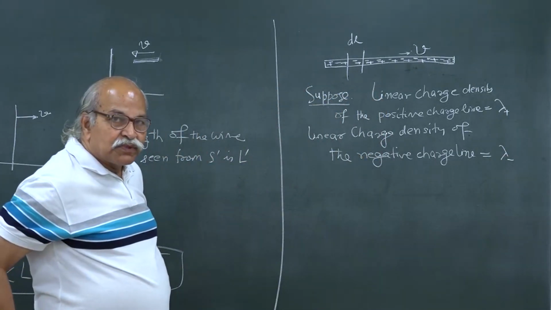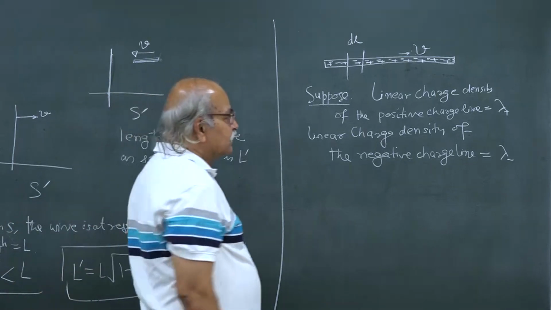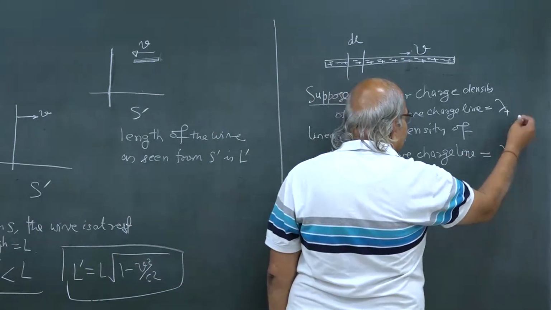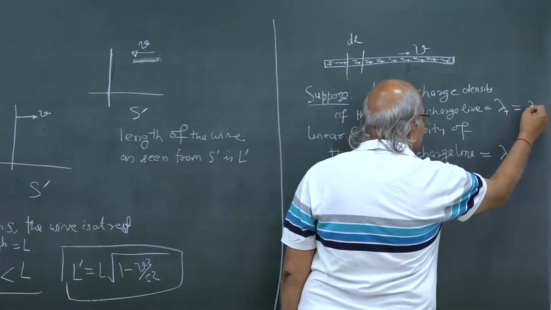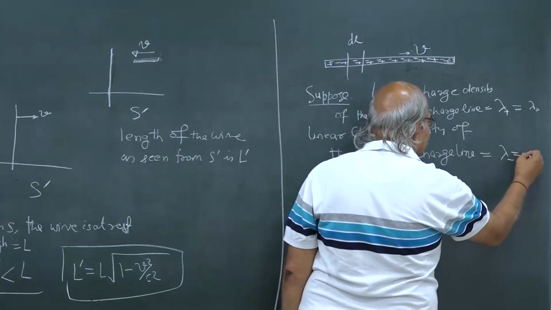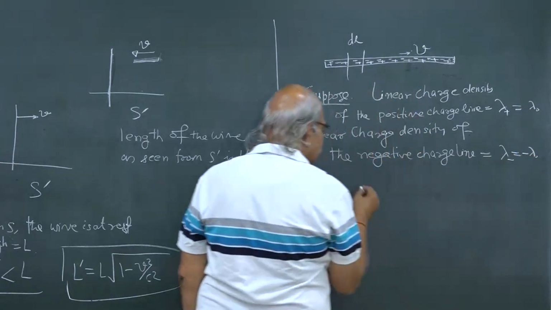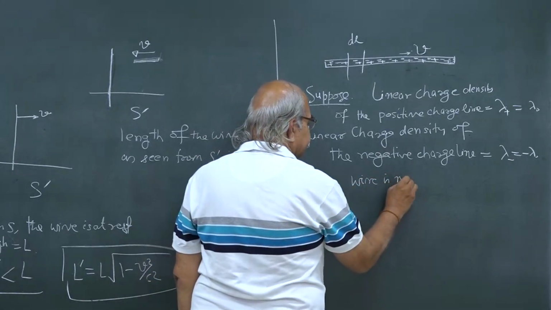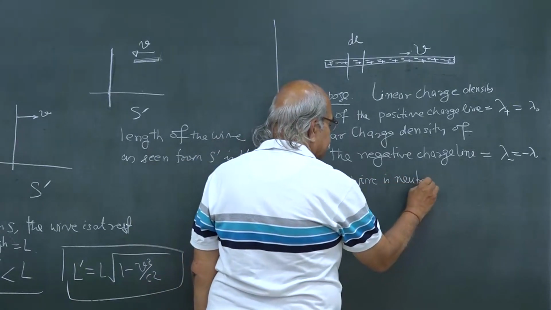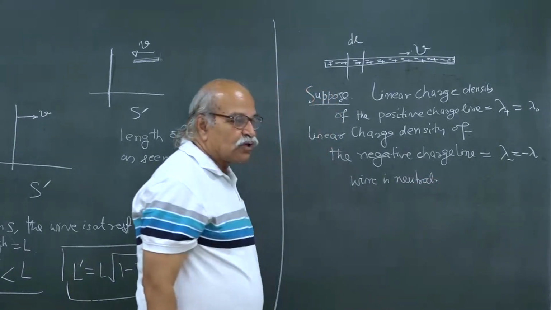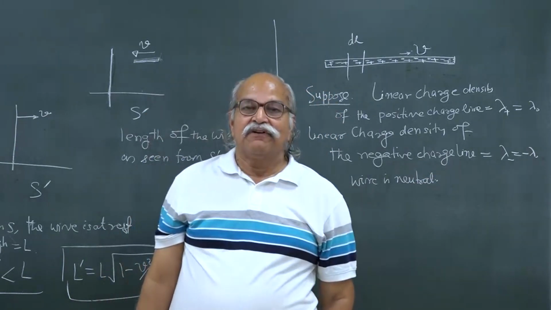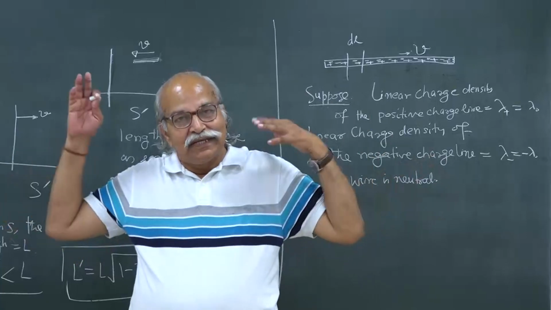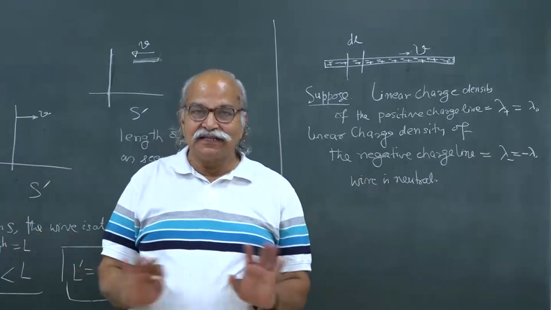And also suppose these magnitudes are same. So, this is, let us say, lambda naught and this is minus lambda naught, so that the wire is neutral. Normally that is the case. If I do not look for the relativistic effects, that is the case.